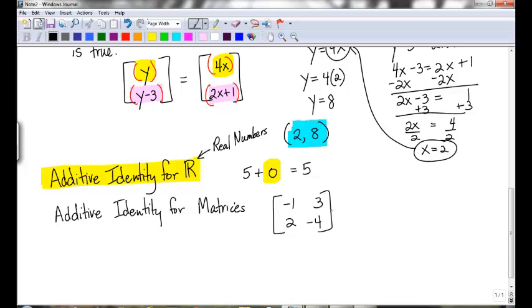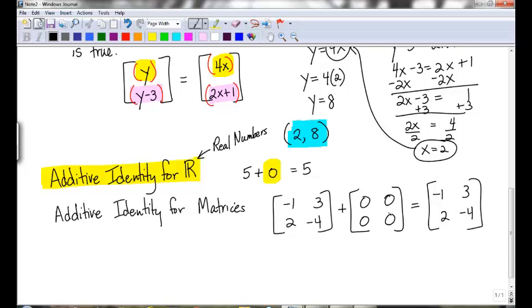And you say, what matrix do I add to that to bring me back to the original? Because you add it position for position, it has to be all zeros. If it was a 3 by 3, you'd have 9 zeros in there. So the additive identity for matrices is all zeros. Don't make that hard.